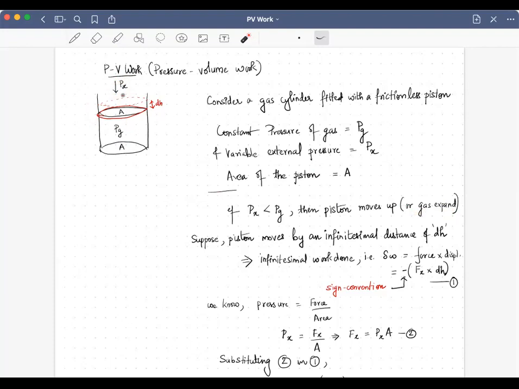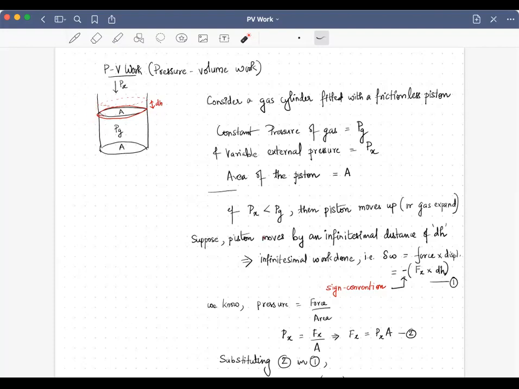Another scenario is if Px is greater than Pg, obviously the piston moves down, or the gas is undergoing compression. But for deriving that equation, we will consider this particular situation where Px is less than Pg, and therefore we have the movement of the piston in the upward direction.